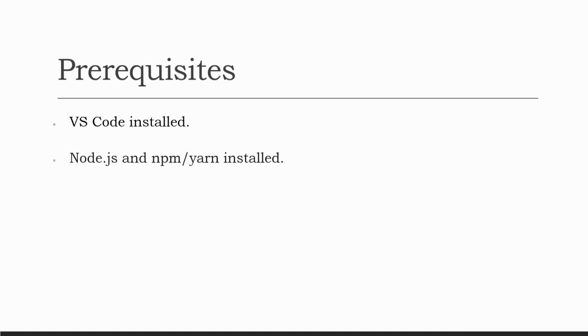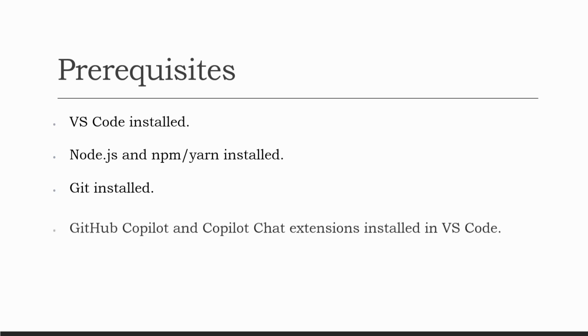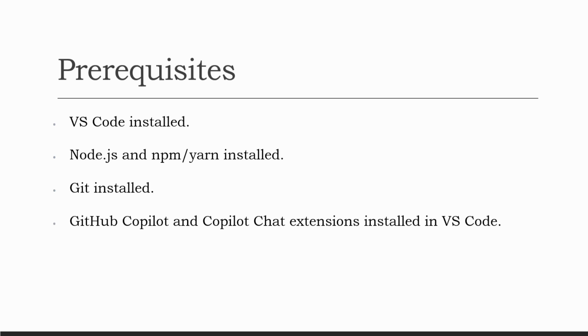Then you also need Node.js and npm or yarn installed on your system, and of course you can find these available online. You also need Git installed, because you're going to use Git and GitHub to push our code remotely. Then you need GitHub Copilot and Copilot Chat extensions installed in VS Code, and I'm going to show you how.